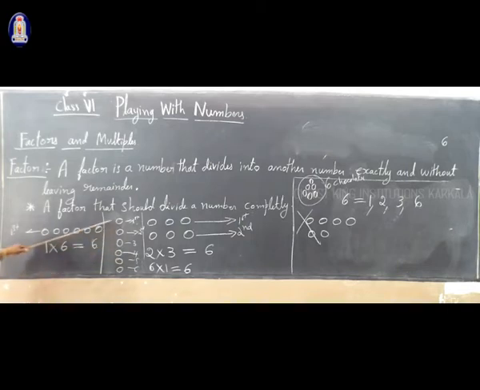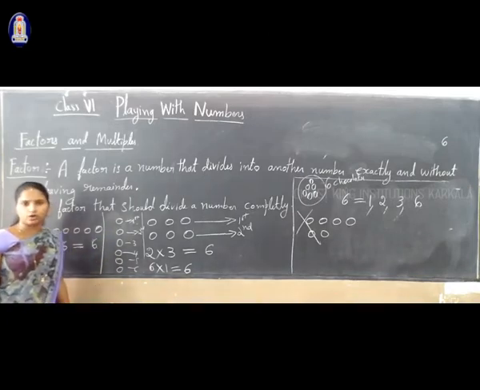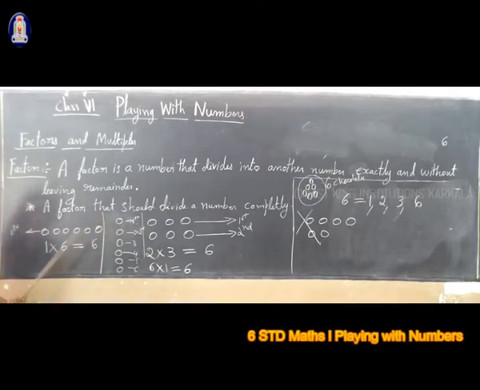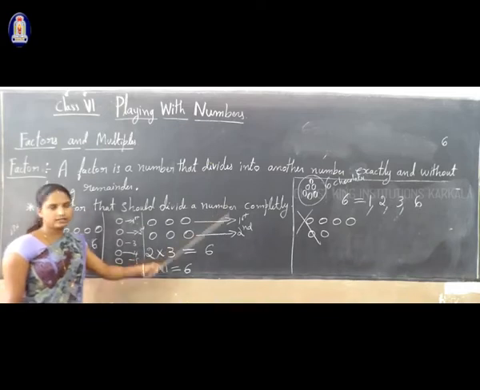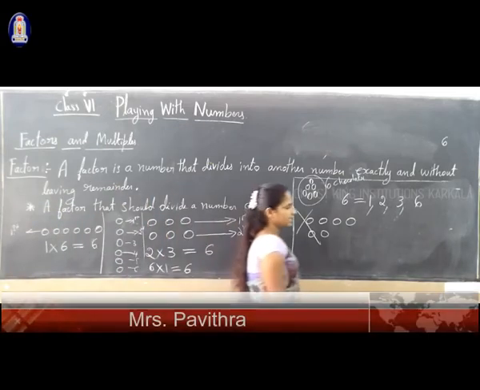Correct? Equally means 1, 1, 1, 1, 1, 1. In each row we arrange an equal number of chocolates. So this is one rule. Another rule we can keep is 2 chocolates in each row.